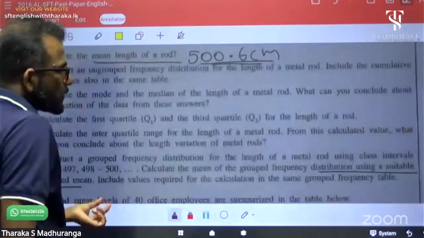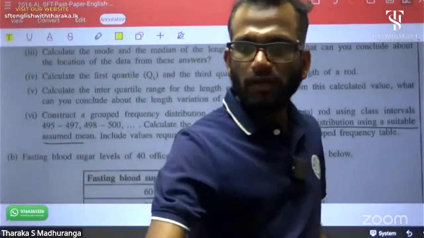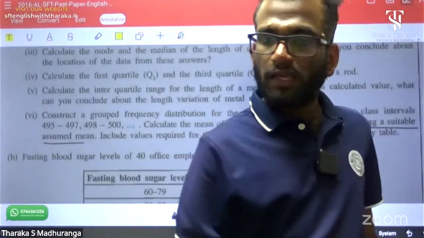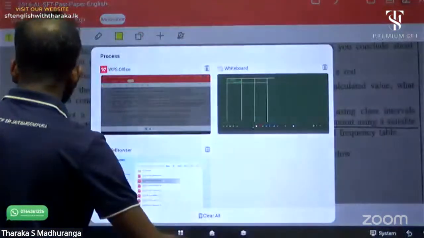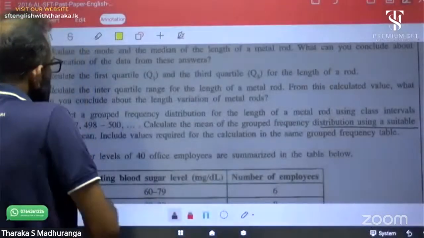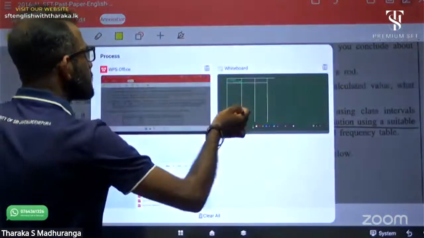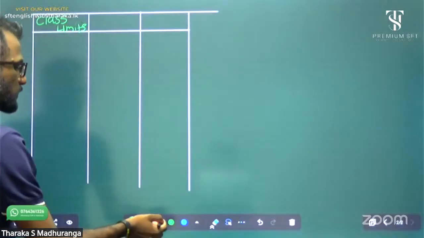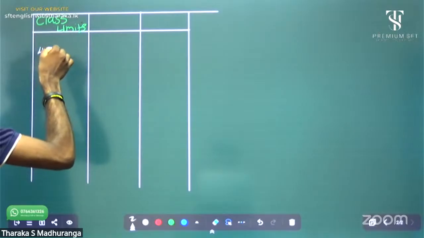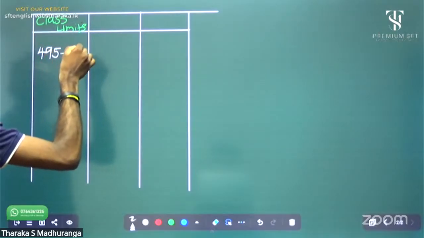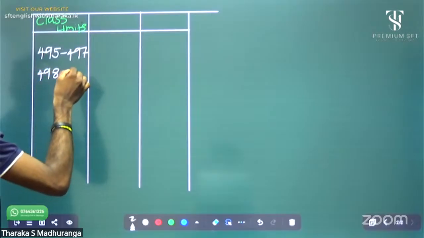Now, in the question, the class limit pattern is already given. What's the class limit pattern? 495, 497. Again start 498, 500.